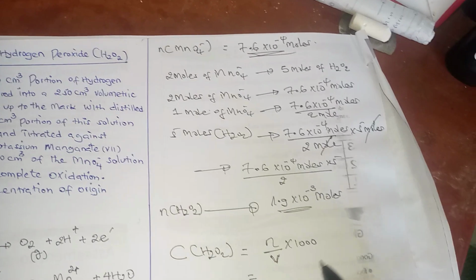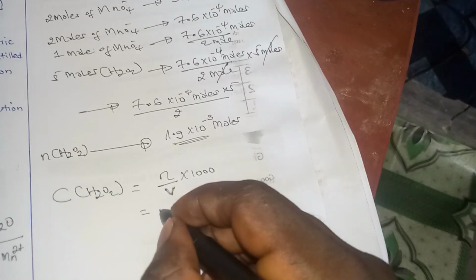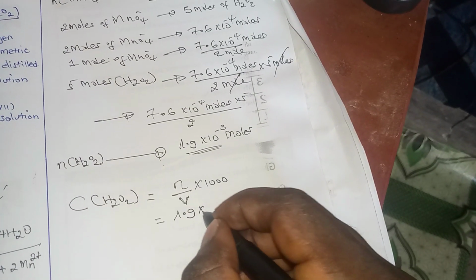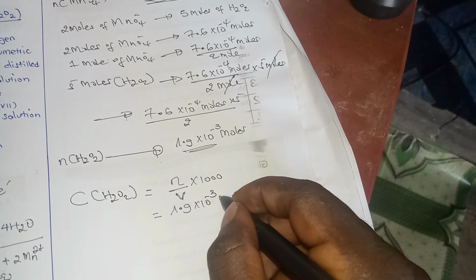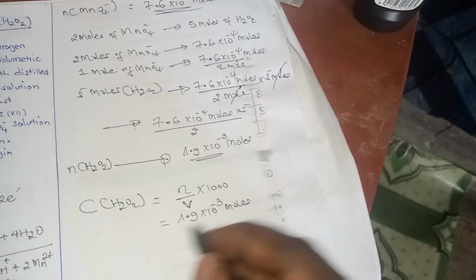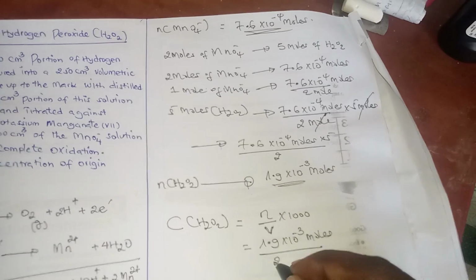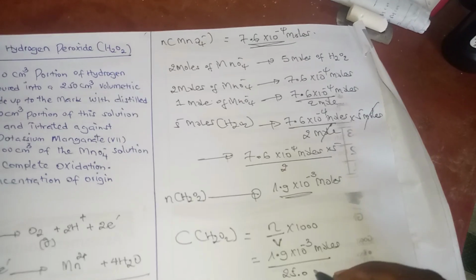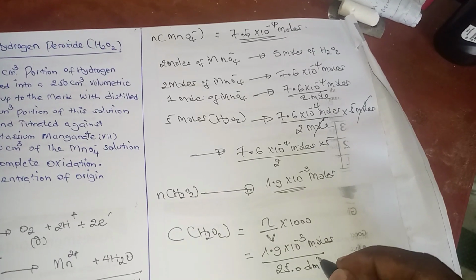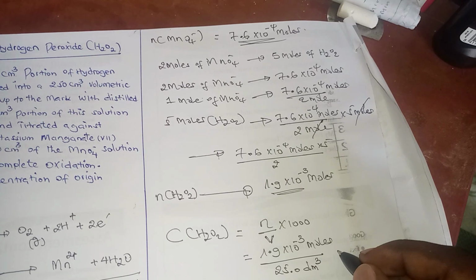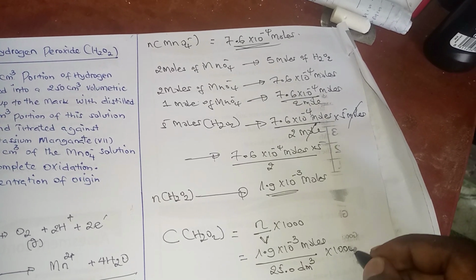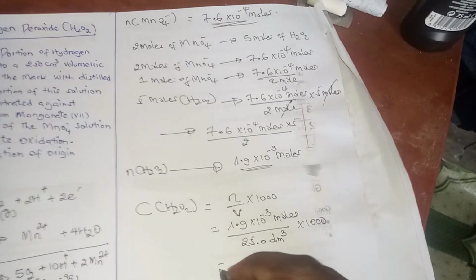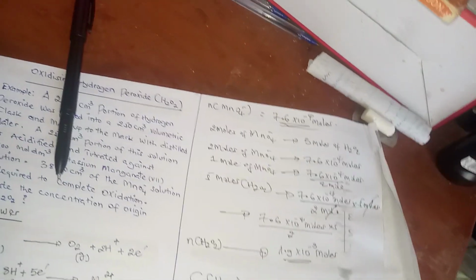So this is equal to the number of moles. You copy this number, 1.9 times 10 power negative 3 moles, divided by our volume, that is 25.0, now in decimeter cube, times 1000. Let's use my calculator here.